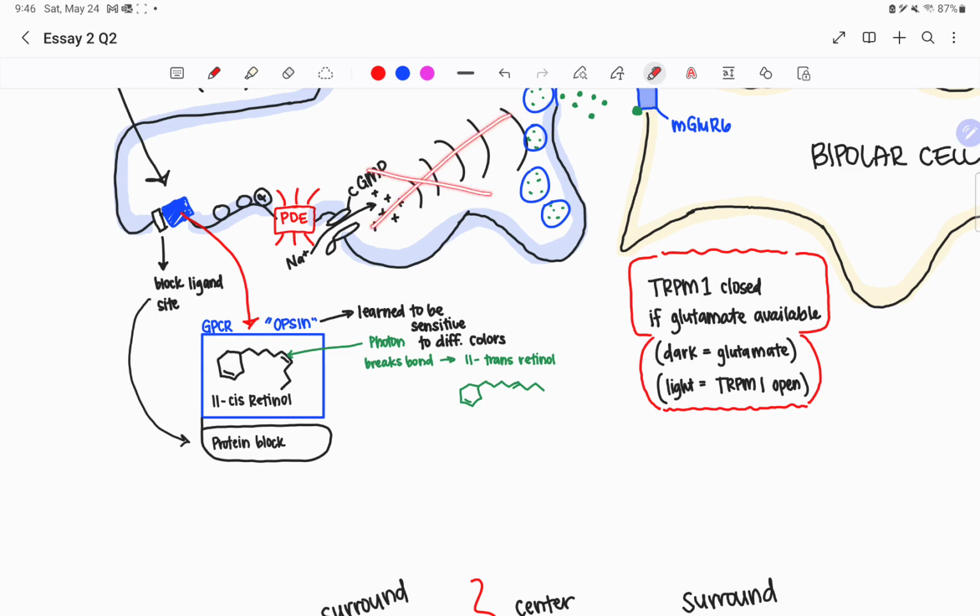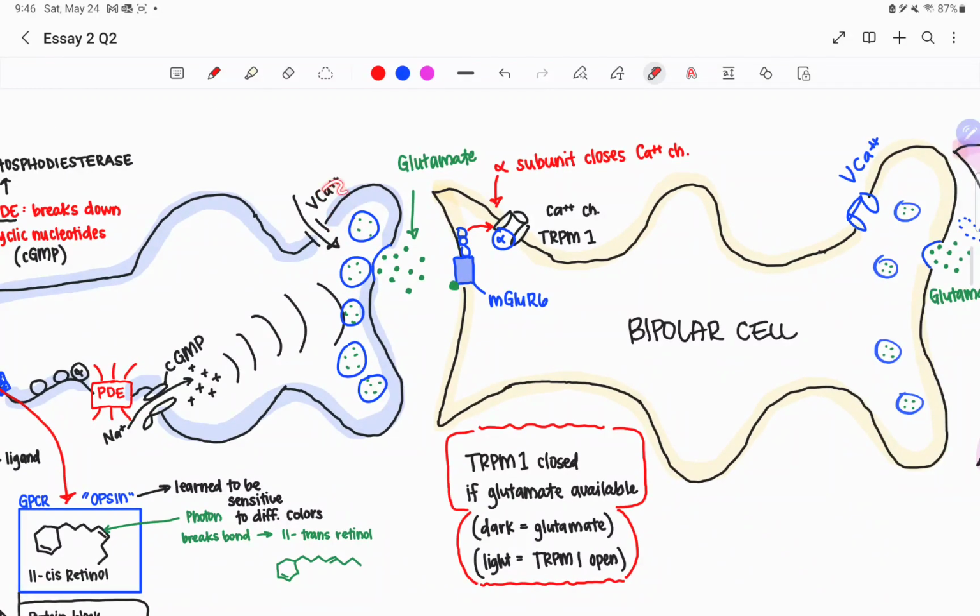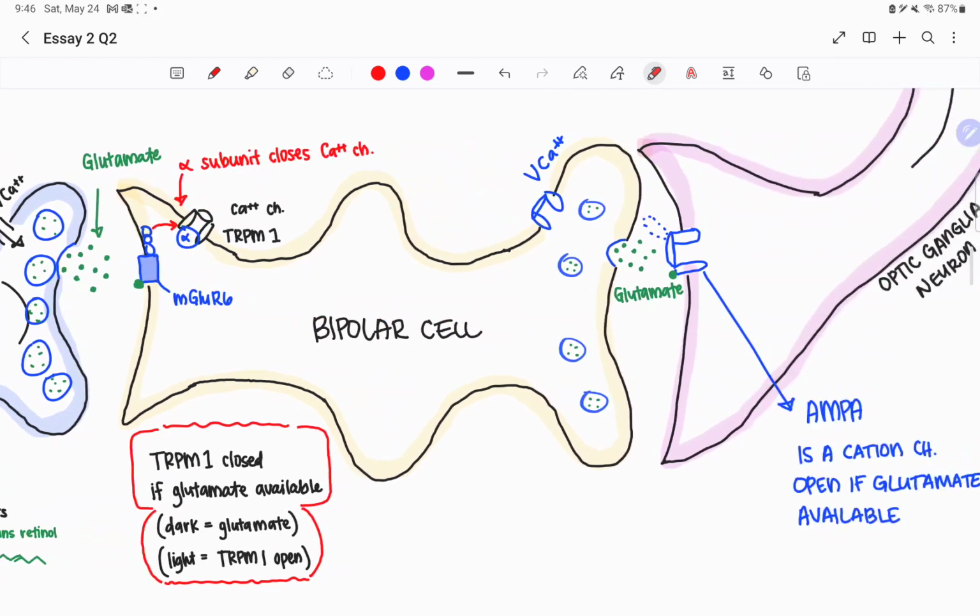So now we don't have an action potential, which means we don't have a voltage-gated calcium channel opening. So no calcium, which means no exocytosis, which means no glutamate in the synapse, which means no activation of mGluR6, no alpha subunit coming over here, which means TRPM1 then opens, letting calcium rush into the cell, right? Causing depolarization of the cell, which means this voltage-gated calcium channel opens up, and then that leads to exocytosis of, again, glutamate.